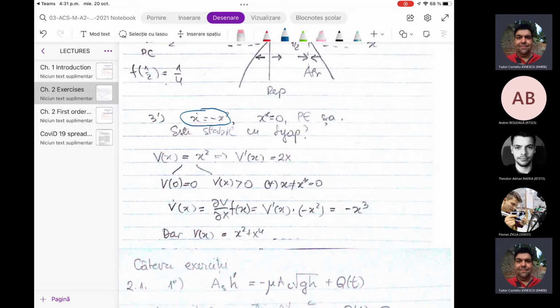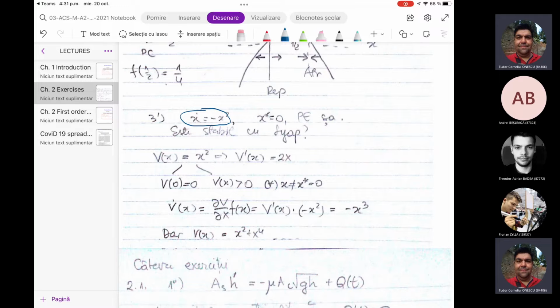Lyapunov is saying a very apparently simple fact, but the proof is quite difficult. It says that if a system's energy, internal energy, is decreasing and going to a constant level or 0, then you have stability of that trajectory where the energy is constant or 0.